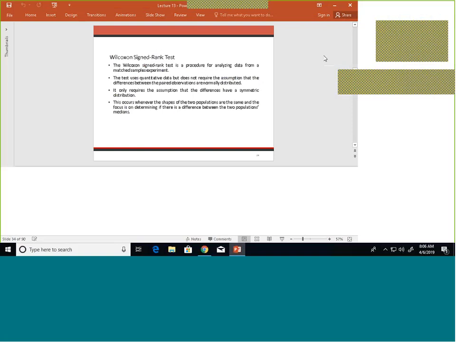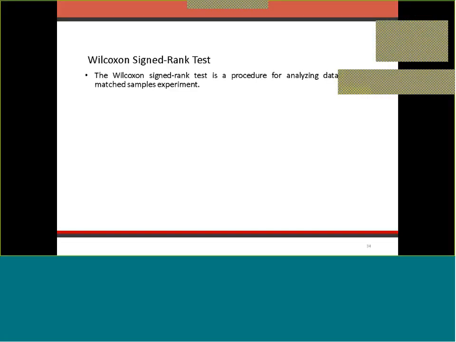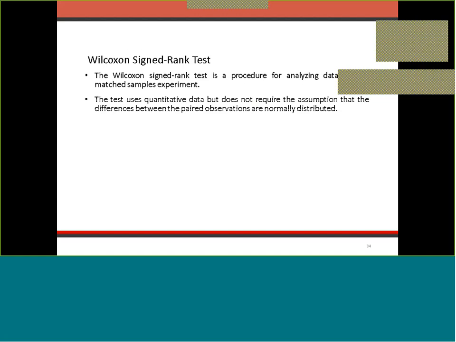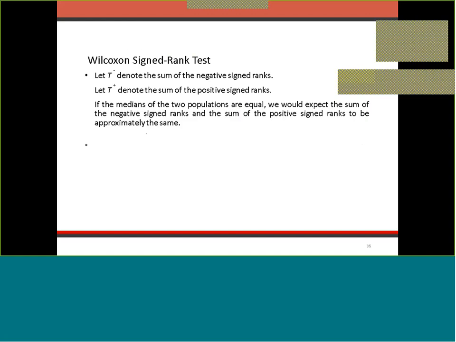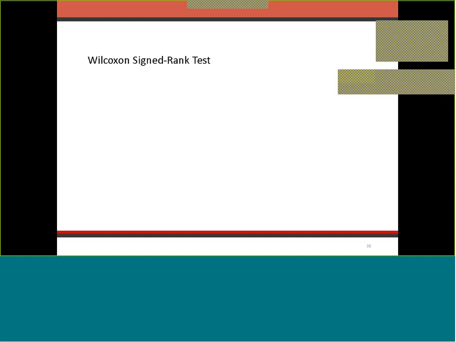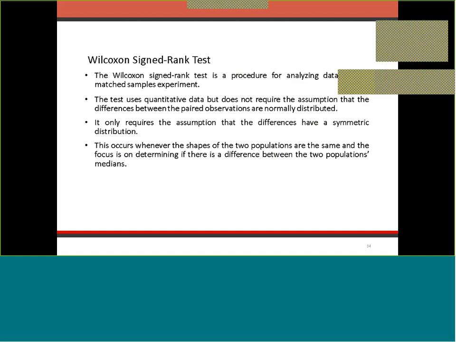Then we discussed the Wilcoxon signed rank test. What is the importance of the Wilcoxon signed rank test? The Wilcoxon signed rank test is useful to check: is there any difference between the two population medians or not?